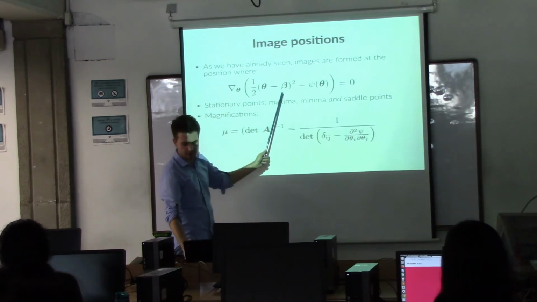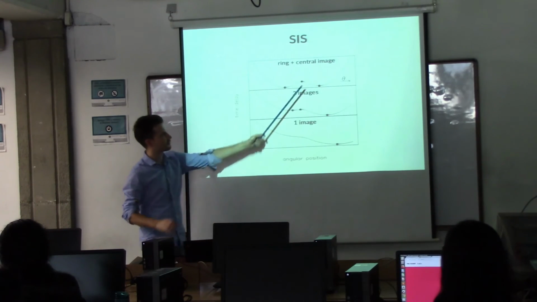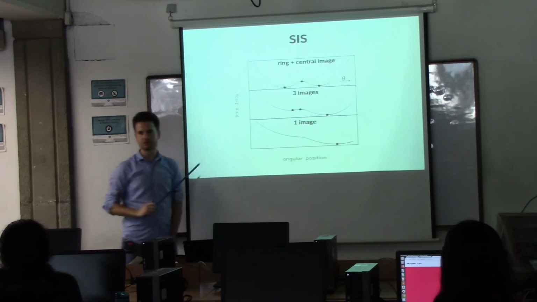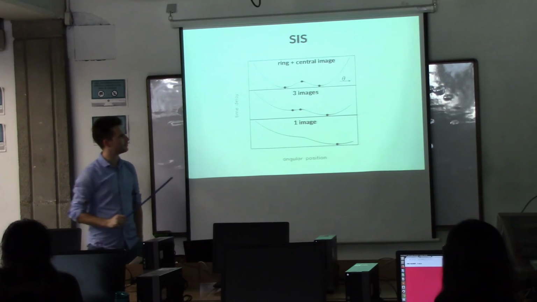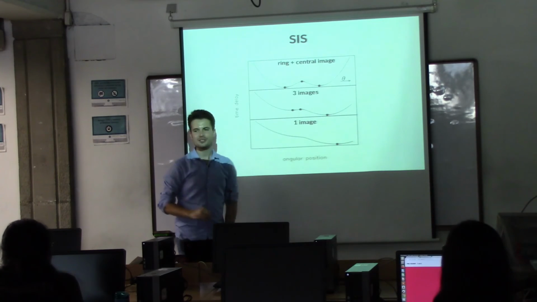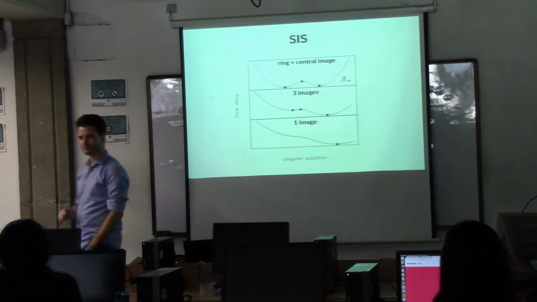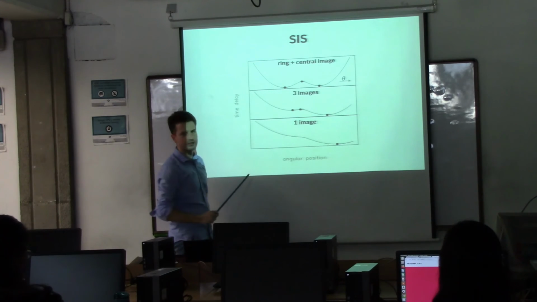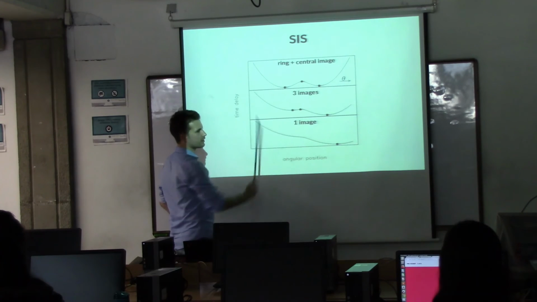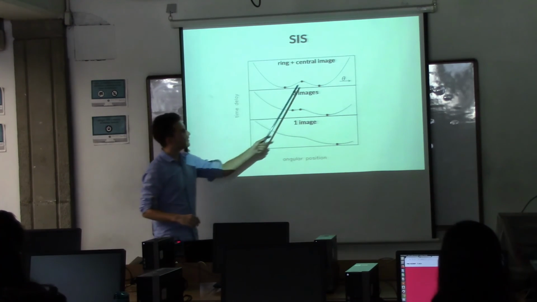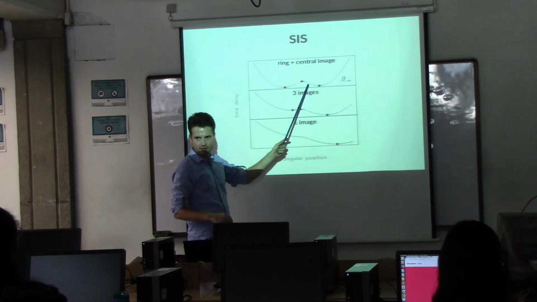So this term over here, if I sketch it for single isothermal sphere, I have 1, 2, and actually a third image in the center, which is not what I said before, right? Where I was saying that single isothermal sphere will have typically 1 or 2 images, but this is where you have an Einstein ring.